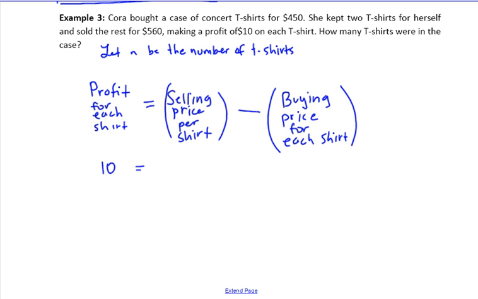Okay, so selling price, how much total money did she make selling? It tells us she sold all the shirts for how much money? Keep reading. That's for how much she bought it. She sold it for $560. So that's the total money she brought in for selling.